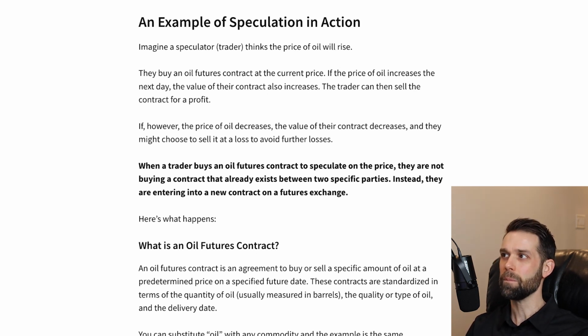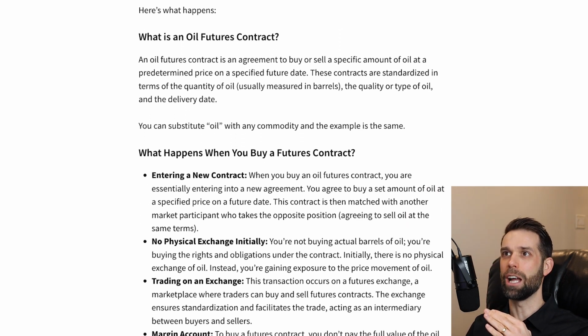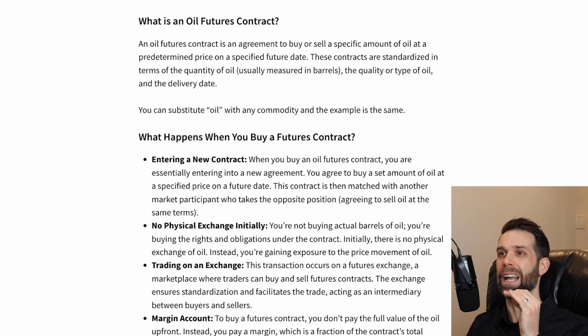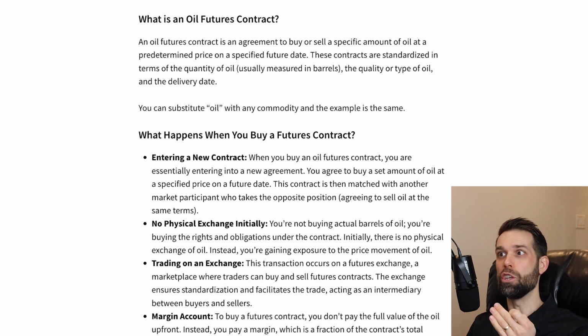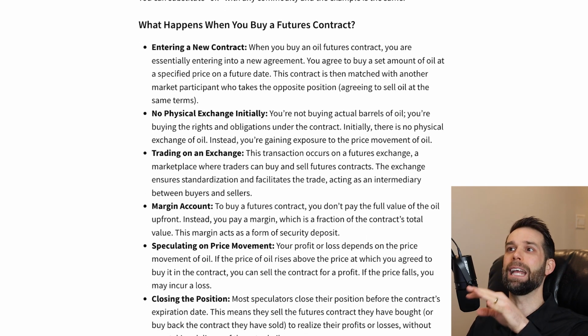So if we dive even deeper, I know sometimes this is not super clear. Let's keep going with even more examples here. Again, you can substitute oil with any commodity, but what happens when you buy a futures contract? You are entering a new contract. So when you buy an oil futures contract, or any type of commodity futures contract, you're essentially entering into a new agreement.